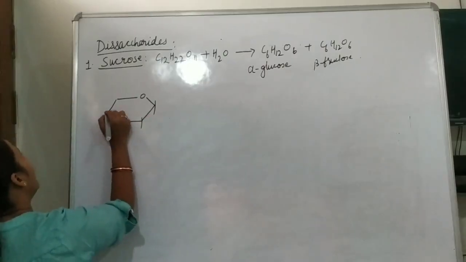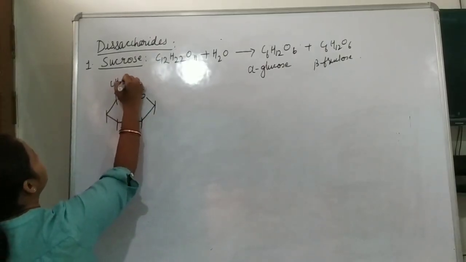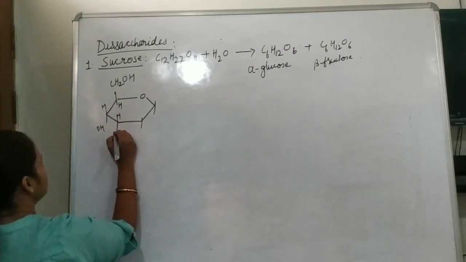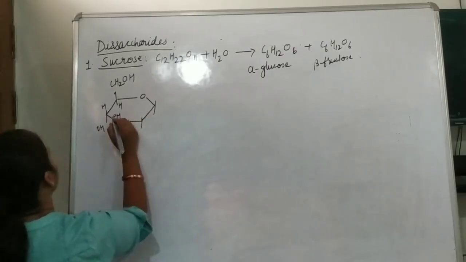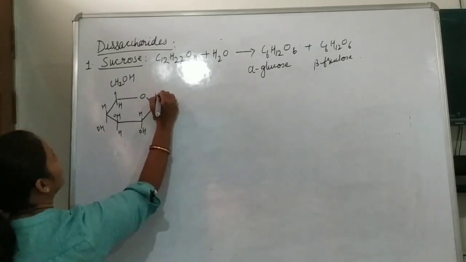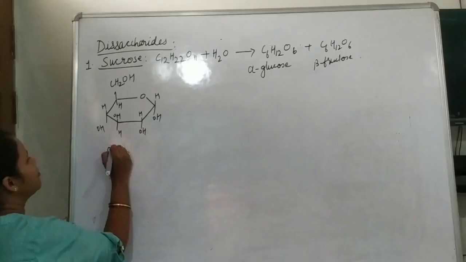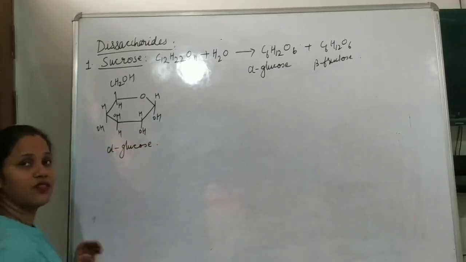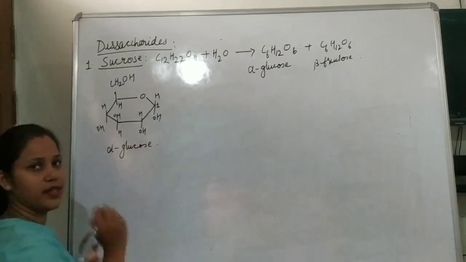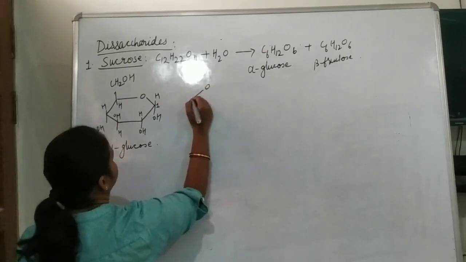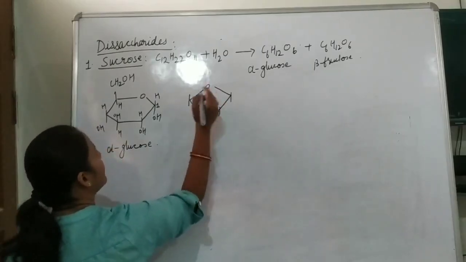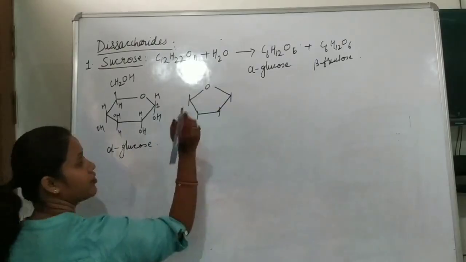This is your alpha glucose, and this is the beta fructose, which will combine at the second carbon.